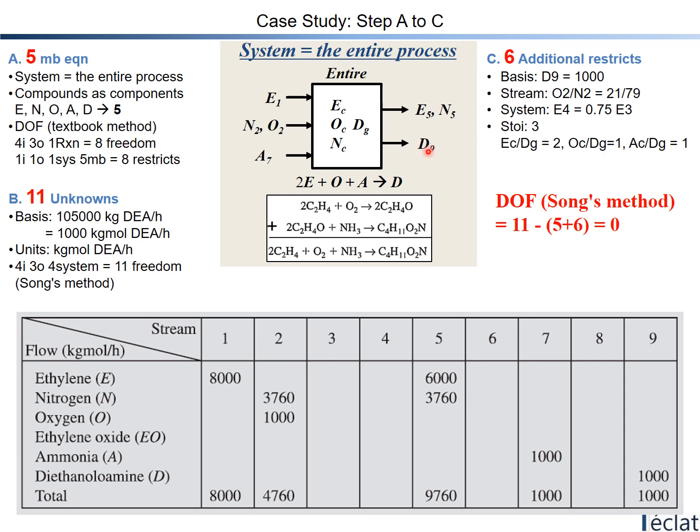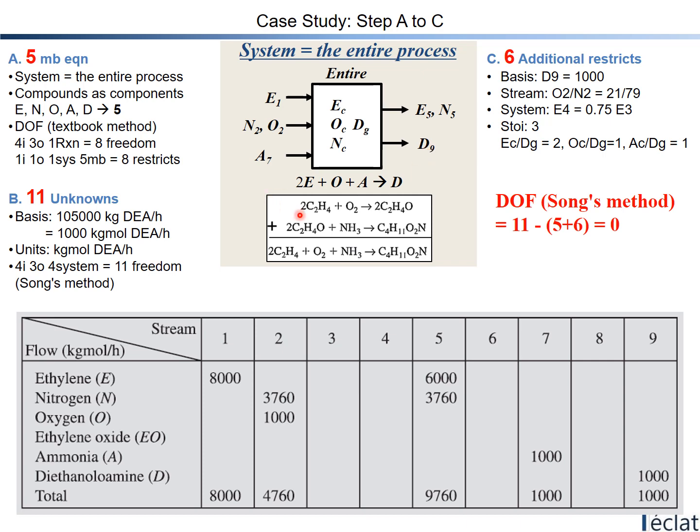Also, we have only one overall reaction. Actually, in the problems, you have met the two different chemical reactions. However, we are thinking about the entire process. In this case, you should build up the overall reaction.